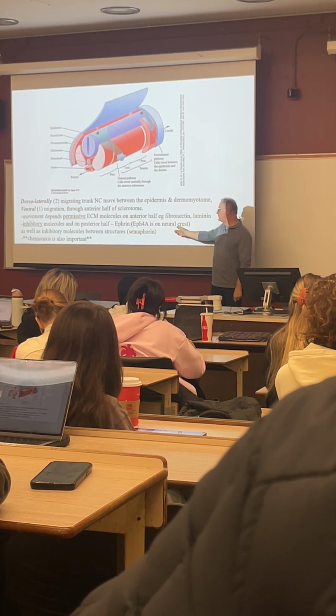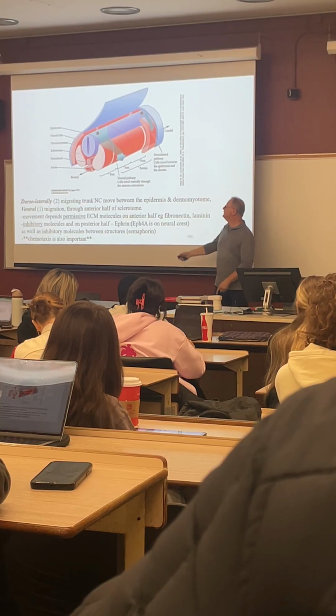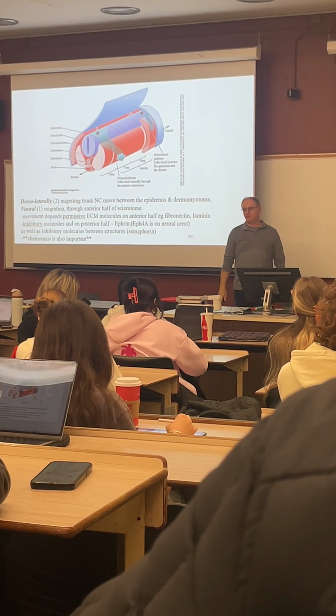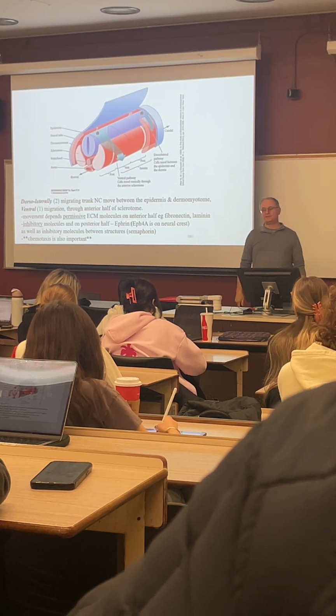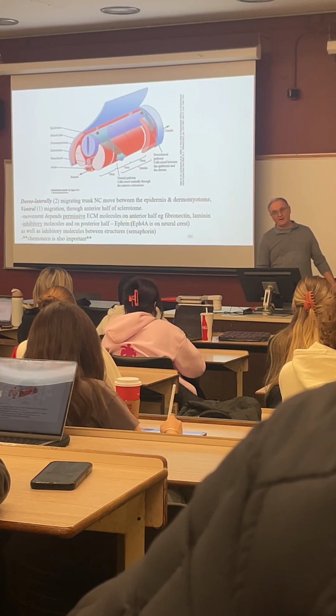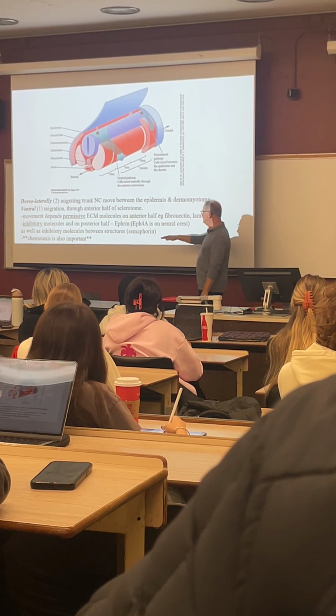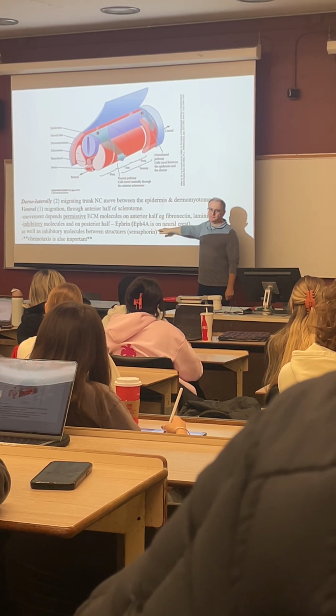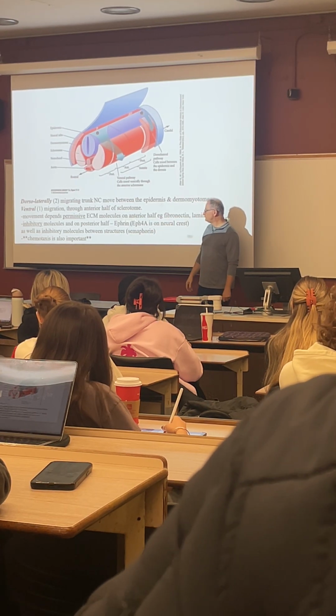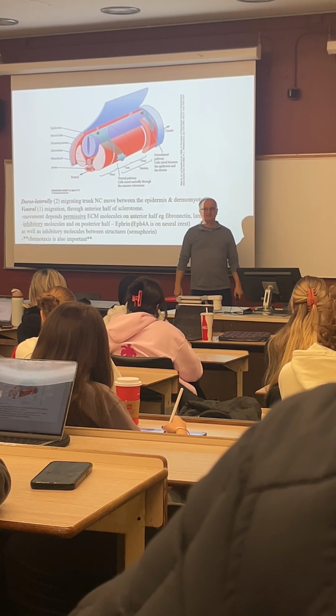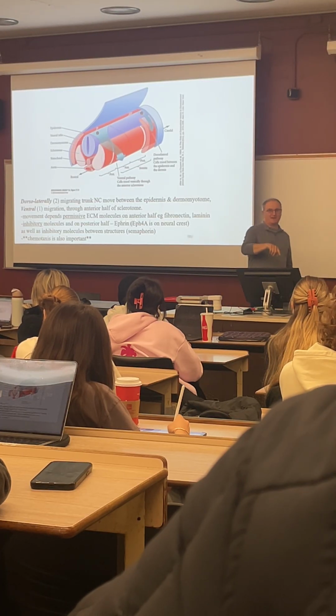Okay, so now the neural crest cells are repulsed by the posterior half of the sclerotome. So not only does the posterior half of the sclerotome not have fibronectin, but it actually has ephrin, the ligand that's going to cause them to repel it. We'll see that again in a couple of other slides.